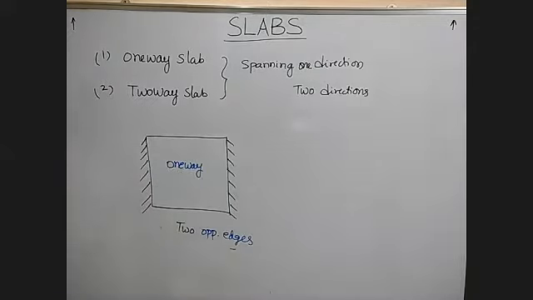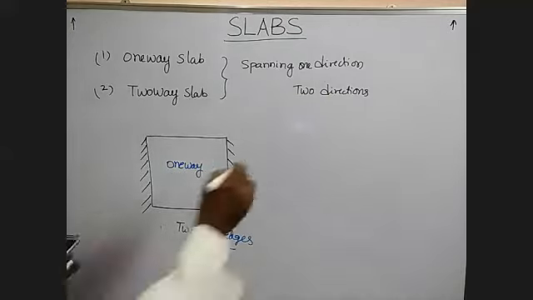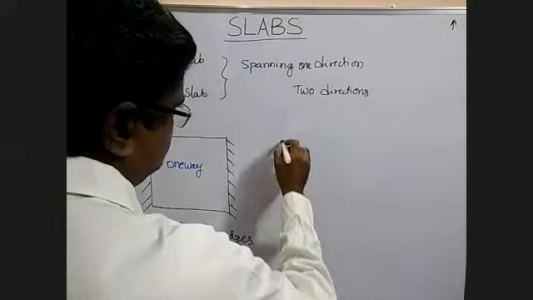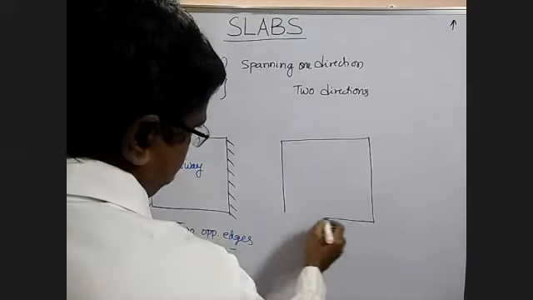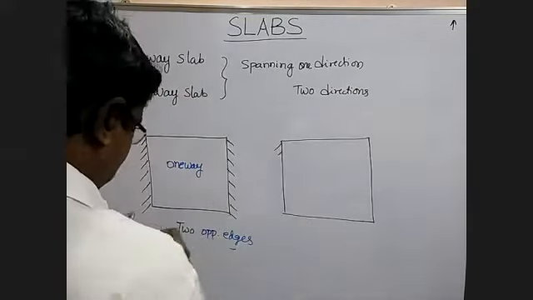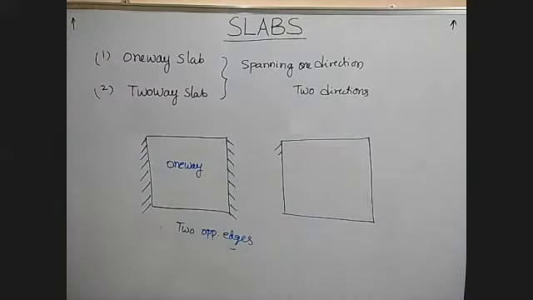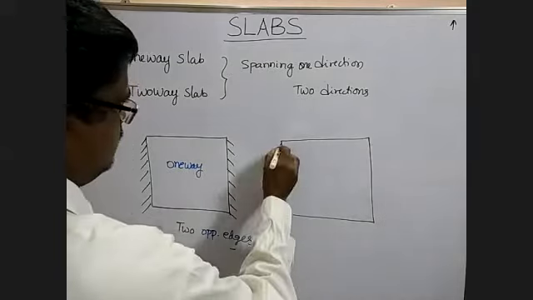Okay. So when I say that if the slab is supported on two opposite edges, suppose if the slab is supported on four edges, what is this? Slab is supported on four edges.